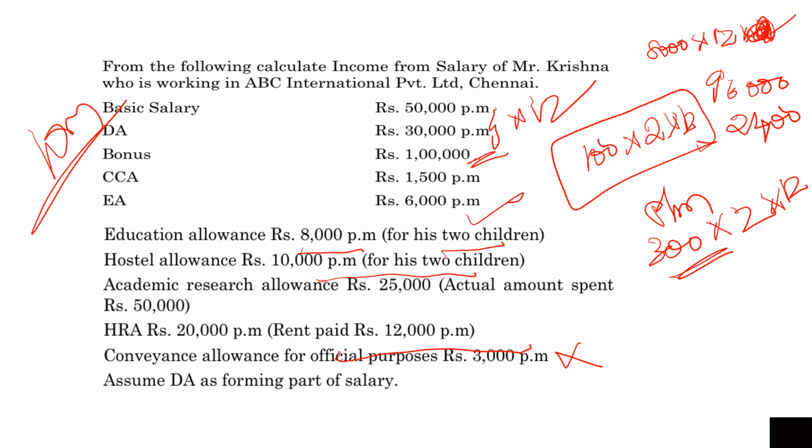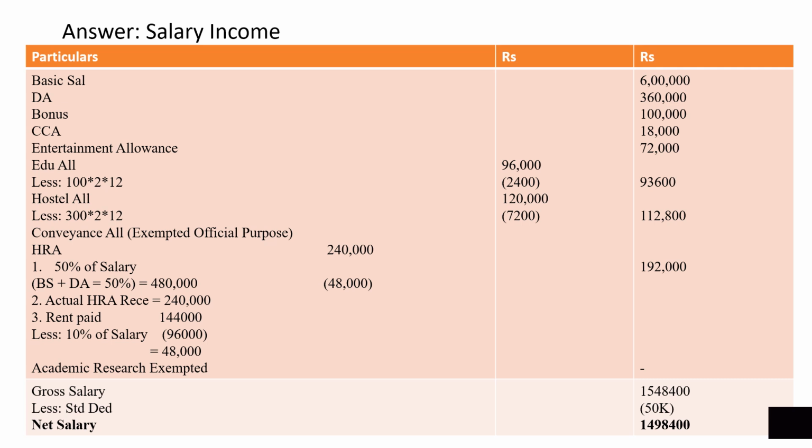Academic research allowance, when the actual amount is exceeded, this also you can simply ignore it. Academic research allowance வந்து எவ்வளோ அவங்க ஸ்பெண்ட் பண்றாங்களோ அவ்வளோ வரைக்குமே it is exempted. So அதனால you can simply ignore that. So I have calculated. So எல்லாமே convert பண்ணிருக்கேன் into 12 போட்டு. So per month இருக்கிறது எல்லாமே convert.